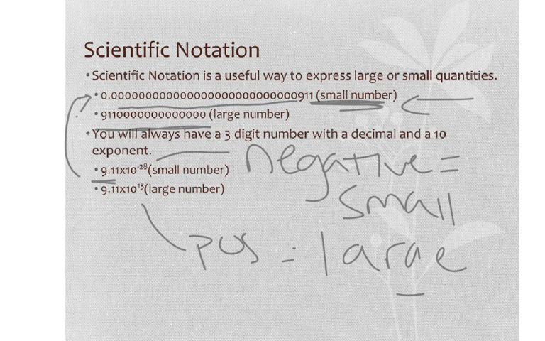Do you see how it's so much easier to say and to write if you do it in scientific notation? The second number here, 9110000, the large number, is represented by 9.11 times 10 to the 15th. So the negative 28, again, is a small number. The 15th is a large number.